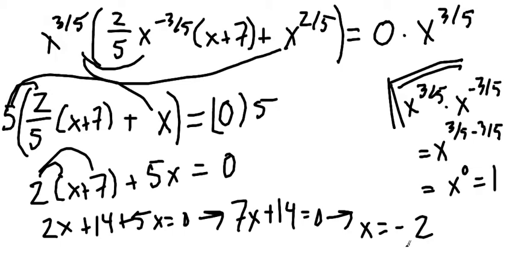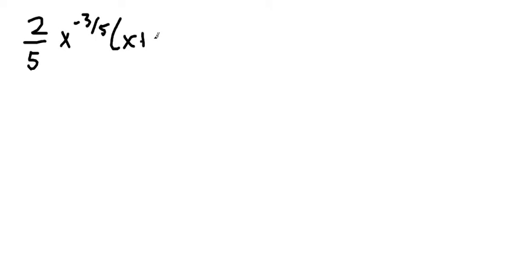Okay. Just for kicks, and just because this sort of thing seems to be difficult for a number of us, I'm going to do this a slightly different way. I will again take our expression, 2/5 x to the minus 3/5 times x plus 7 plus x to the 2/5, and set that equal to 0.